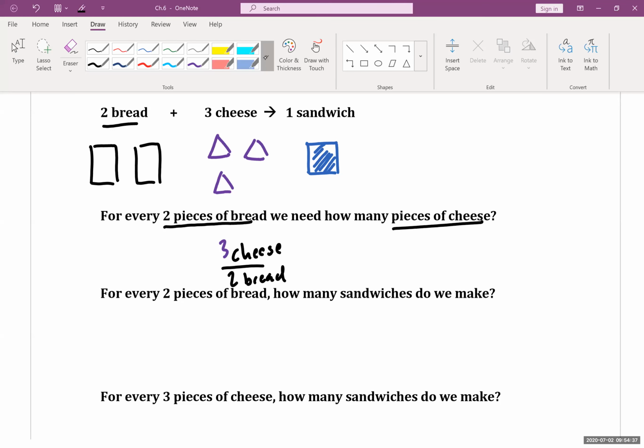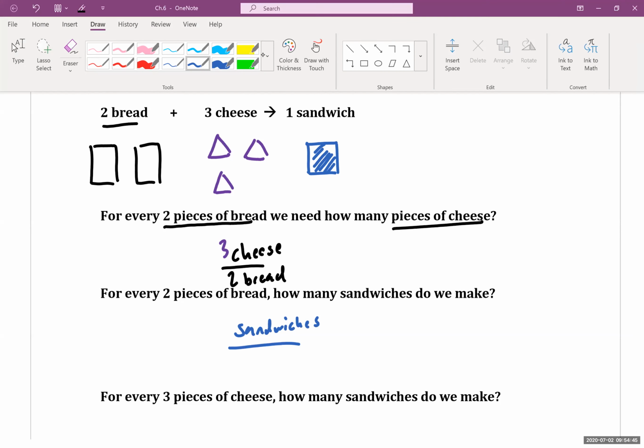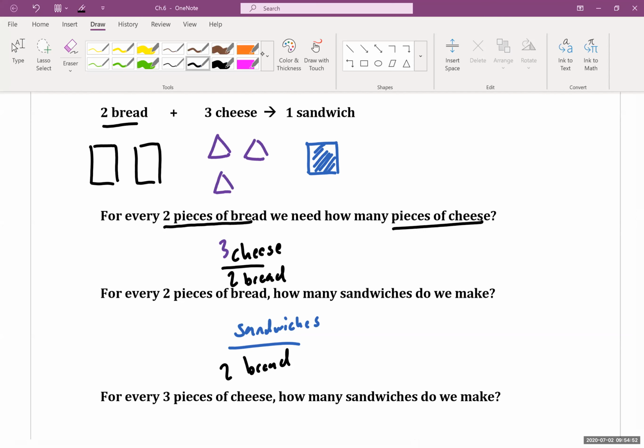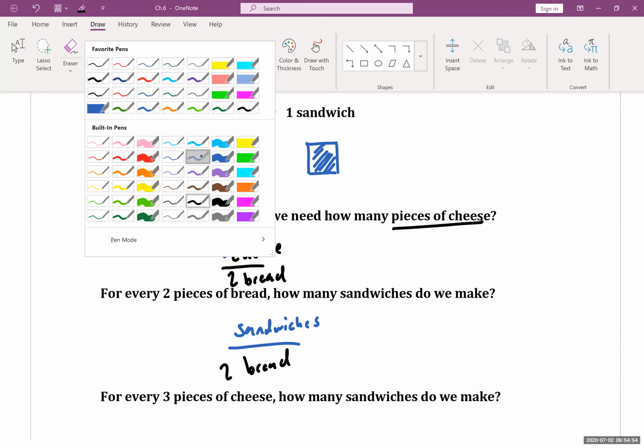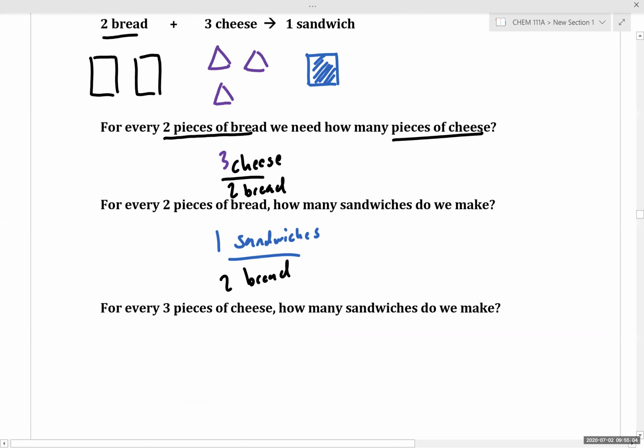Now let's look at a product relationship. How many sandwiches would we get if I only have 2 pieces of bread? 1, exactly. We have 1 sandwich per every 2 pieces of bread. This is a product relationship. Okay.